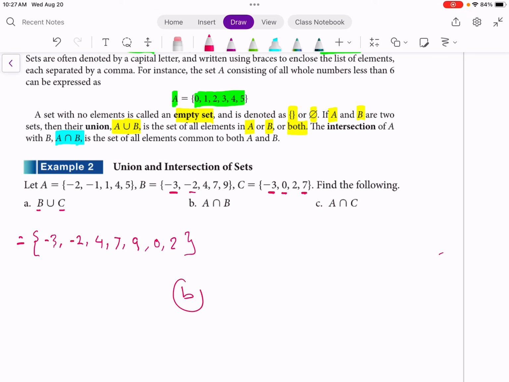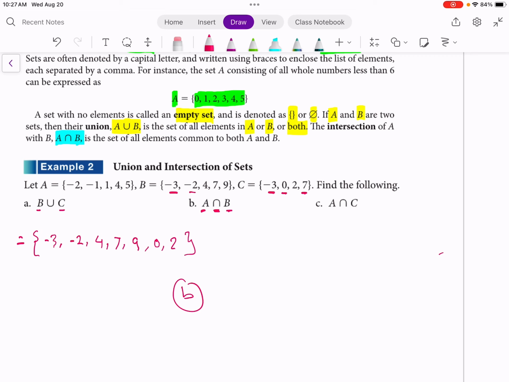For part B, what are we asked to find? We are asked to find A intersection B. It means we are looking for the elements which are common, the same in set A and set B. Can you tell me the elements which are common for set A and set B?